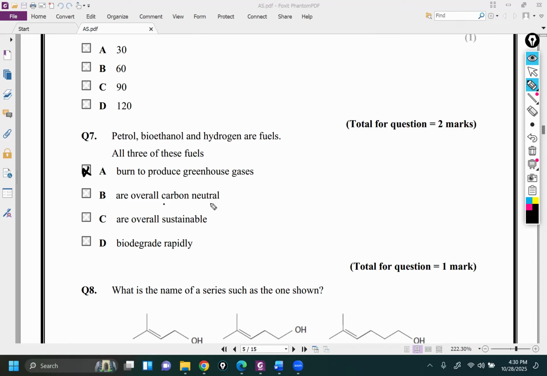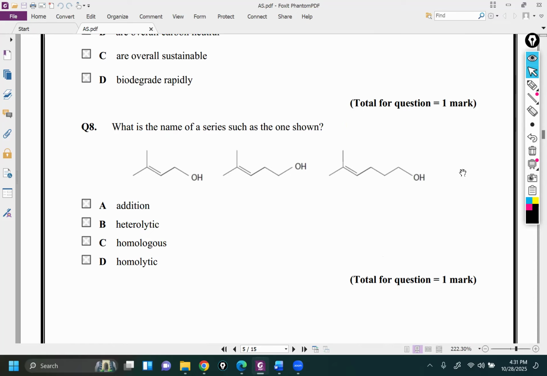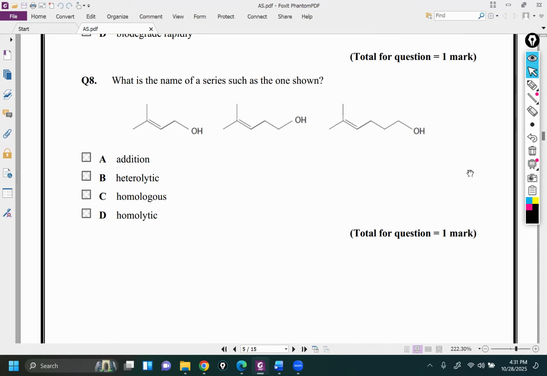Carbon neutral overall? Look here, hydrogen has no carbon, so this doesn't work. Overall sustainable? Petrol is not sustainable. Biodegrade rapidly? They are crude oil and they are not biodegradable. The term biodegradable is used for polymers.